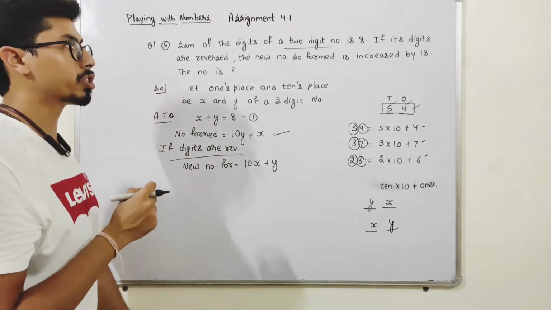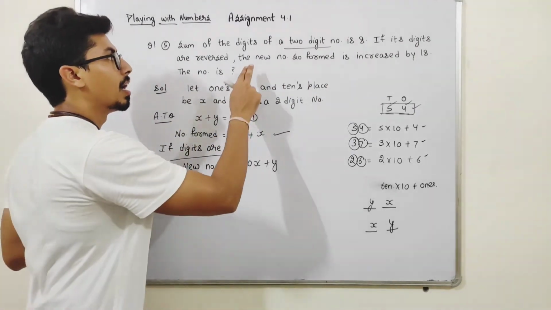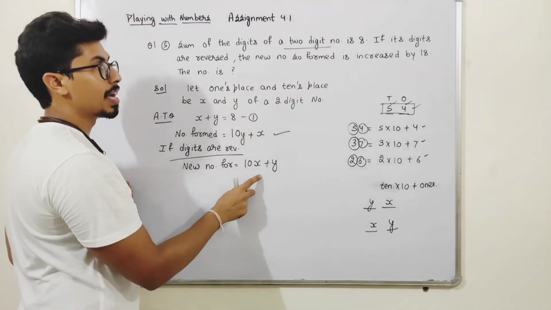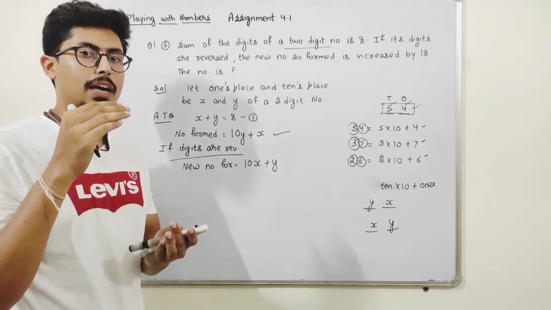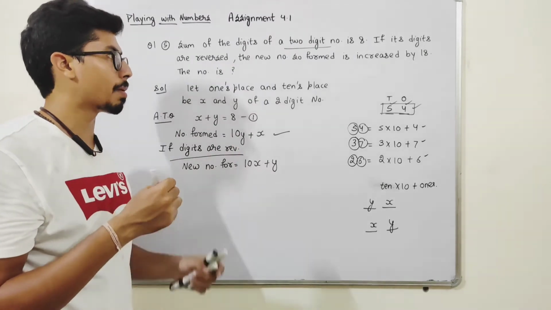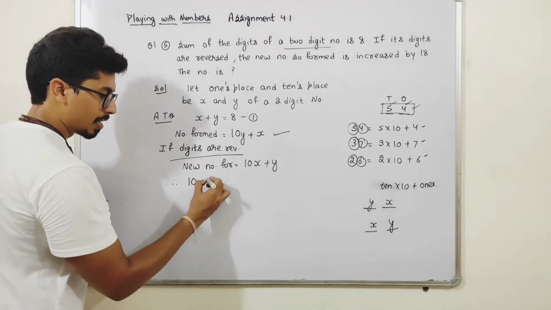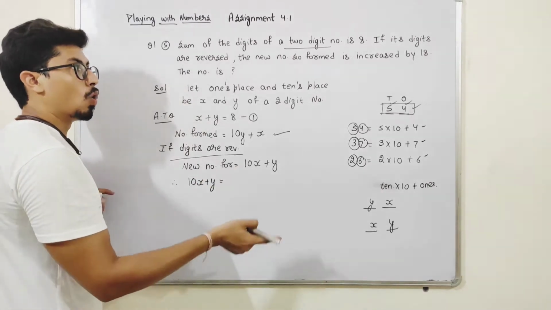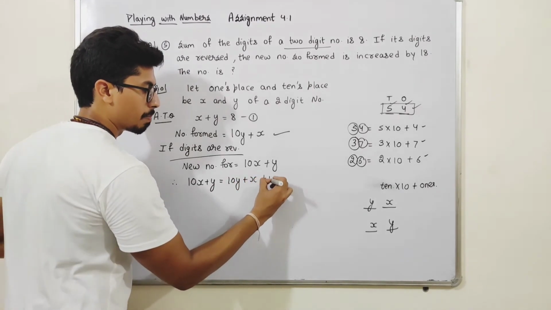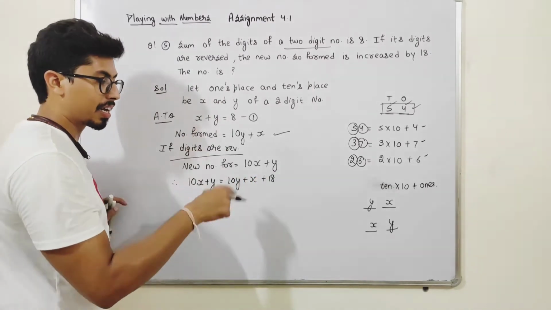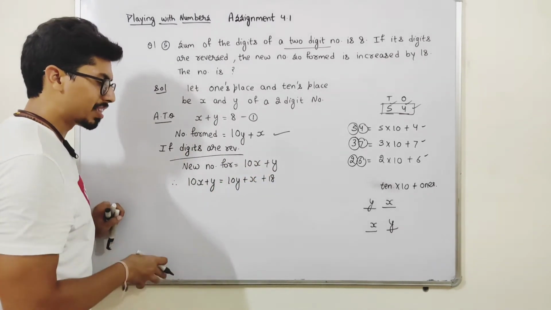It is given in the question, students, if its digits are reversed, the new number so formed is increased by 18. That means the new number is greater than the previous number by 18. Therefore, new number is equal to old number plus 18. So do one thing, students.